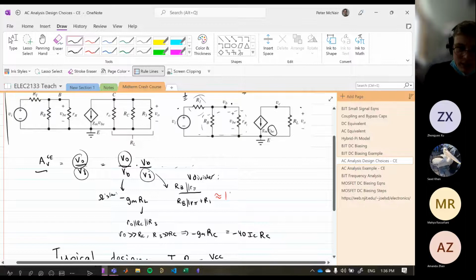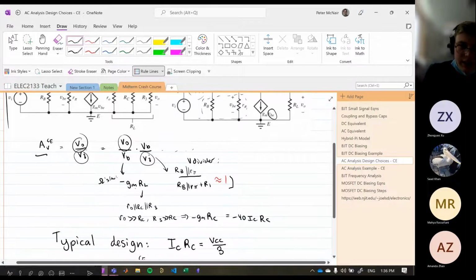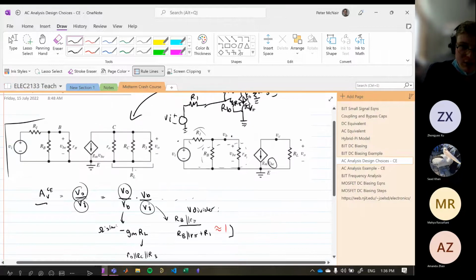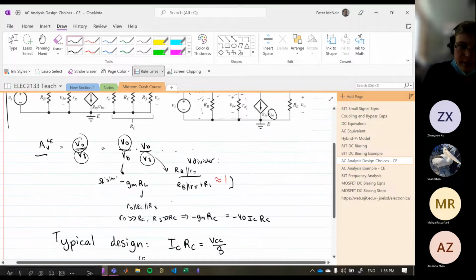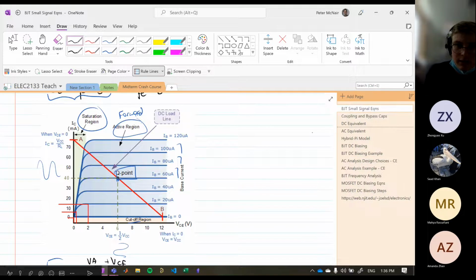We're going to say that this is approximately equal to 1 just for simplicity. And then our load resistance, R0 is a really big value. You can remember here, this is really flat, right? So essentially that means that R0 is really big.